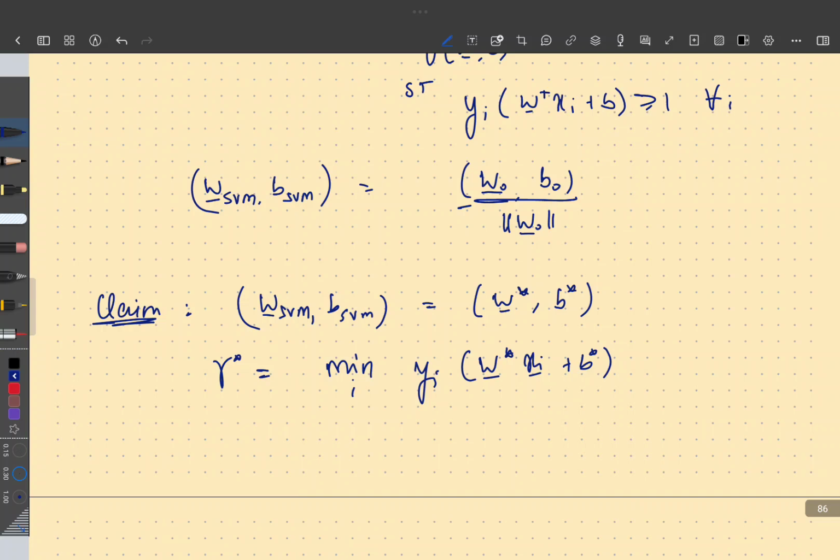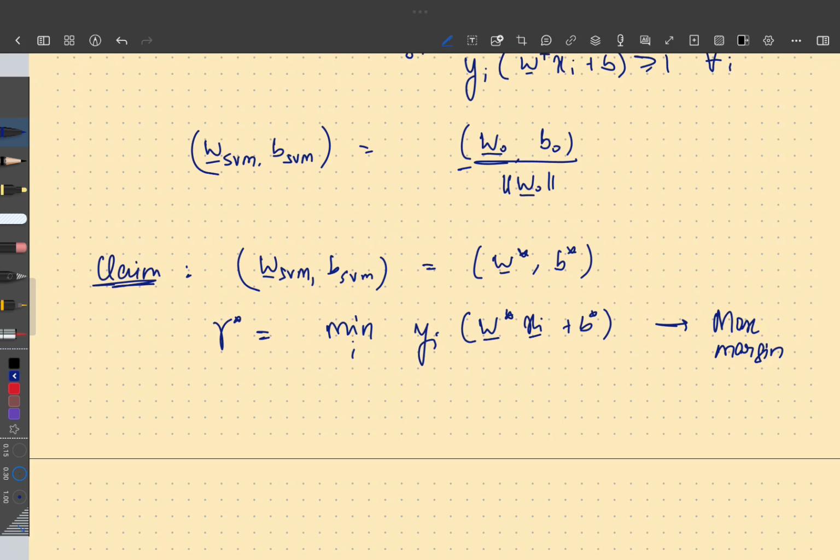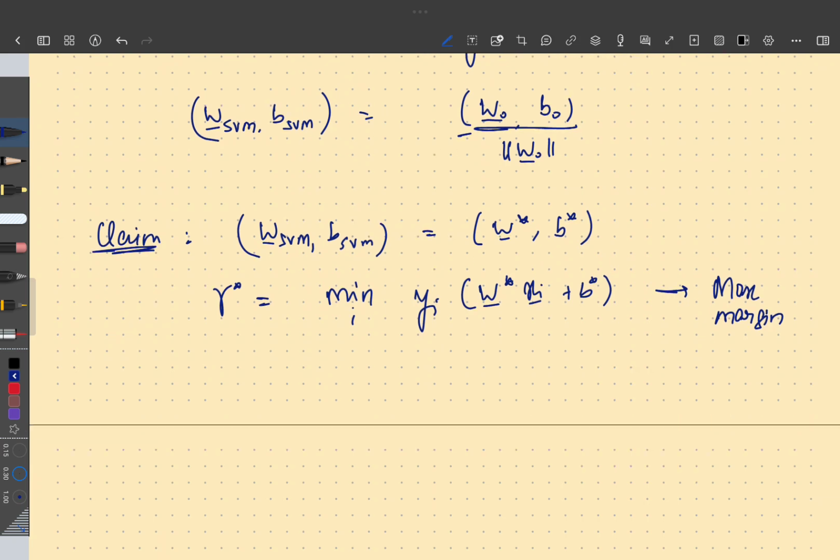So this is the maximum margin. When I say maximum margin, it's maximum over all possible linear classifiers. So this is what I have.